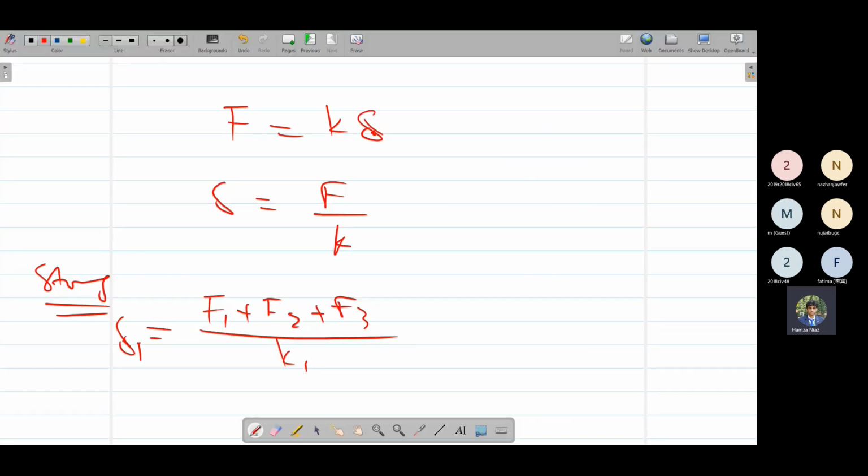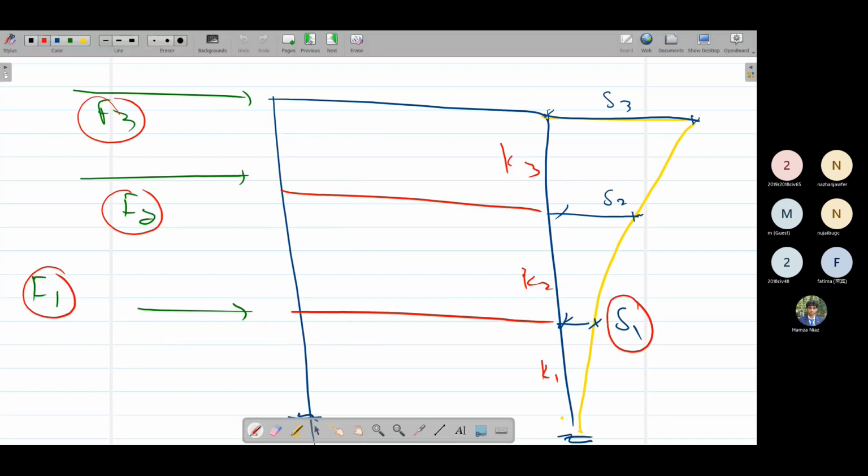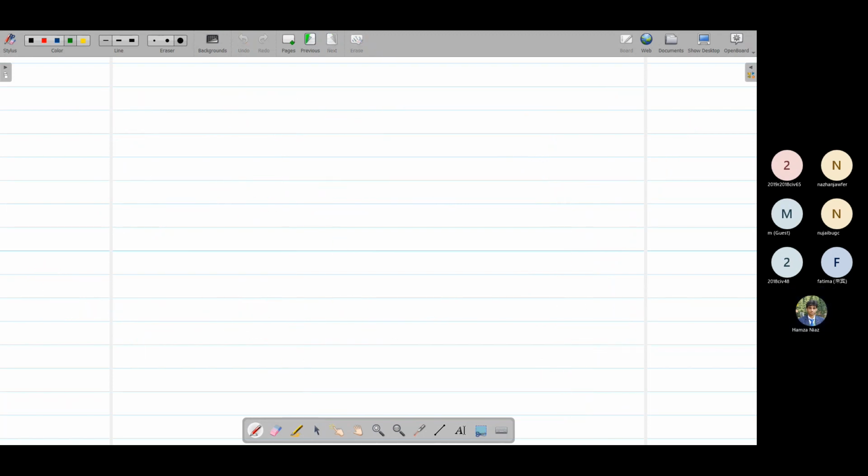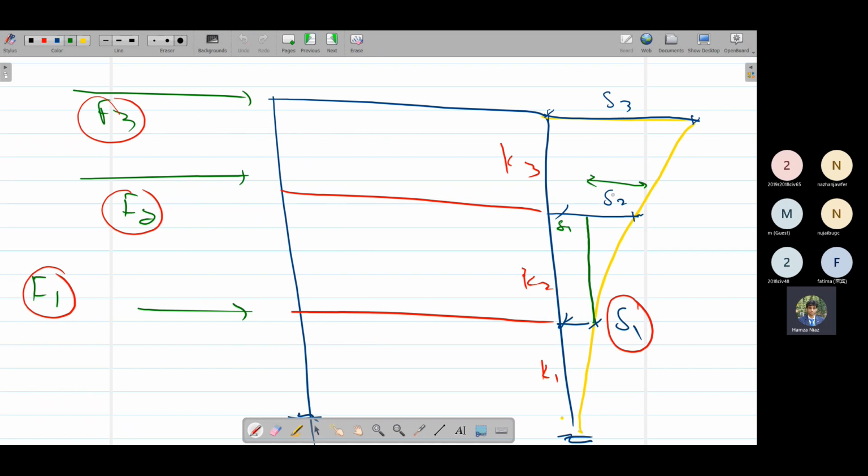Okay, simple force over displacement. So at story 2, we have the displacement of delta 1, and we have to add more. Delta 2 would be delta 1 plus force over stiffness. The forces acting at story 2 would be F2 and F3 only. The bottom forces do not act at the top ones. The top ones act at the bottom ones, but the bottom ones do not act at the top ones.